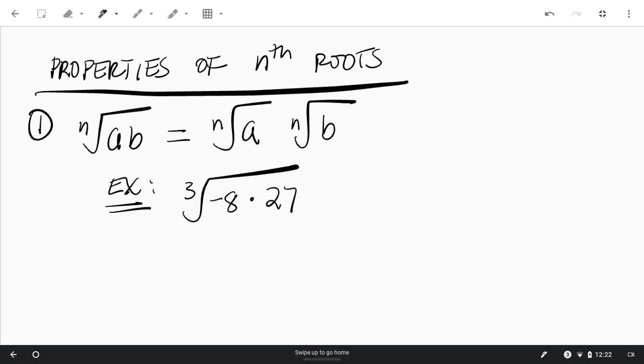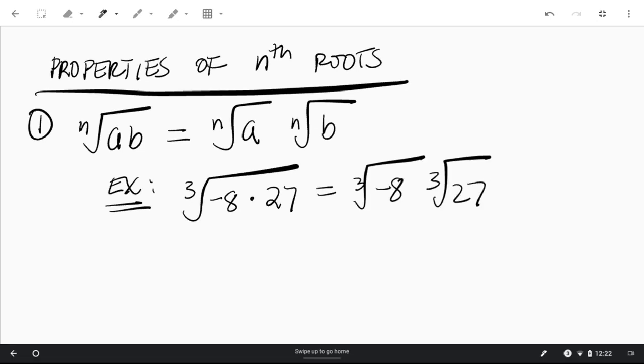So it's easier if we just take the cube root of each one individually rather than multiplying -8 with 27 and then trying to find the cube root. Here it's easier if we split them up and find the cube roots of them individually.